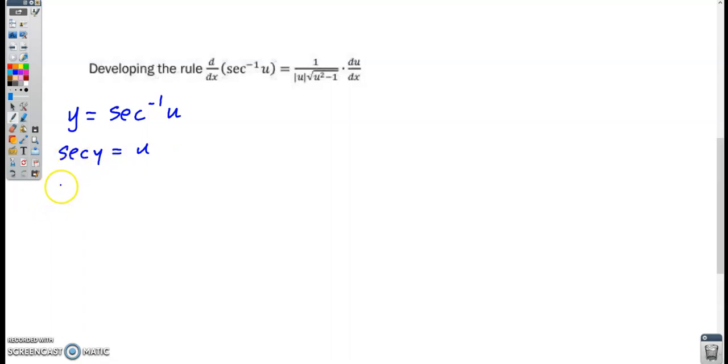The derivative of secant of y, derivative of the outside, leaving the inside the same, makes it secant of y tangent of y, times the derivative of the inside, gives us dy/dx. And that's equal to the derivative of u, which is just going to be du/dx. And again, just like we've done in the past, we're going to multiply by the reciprocal of secant of y tangent of y in order to get dy/dx by itself.